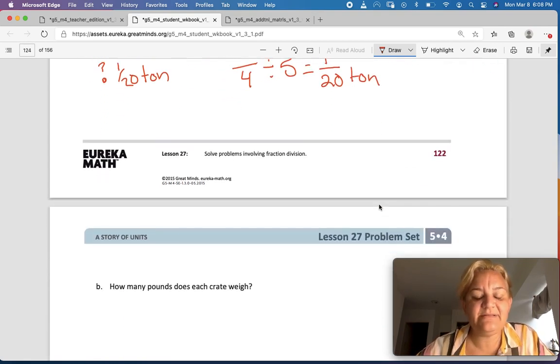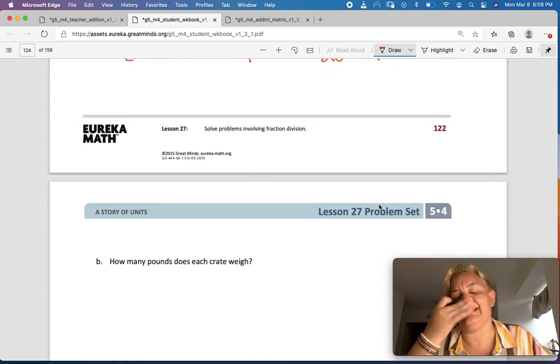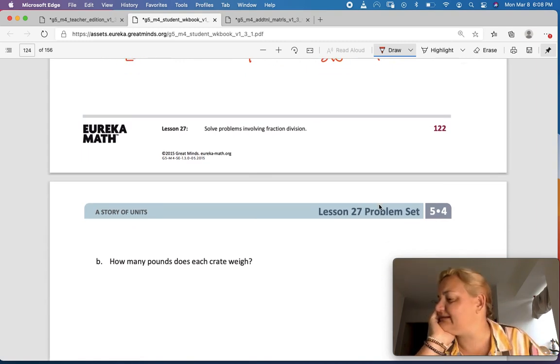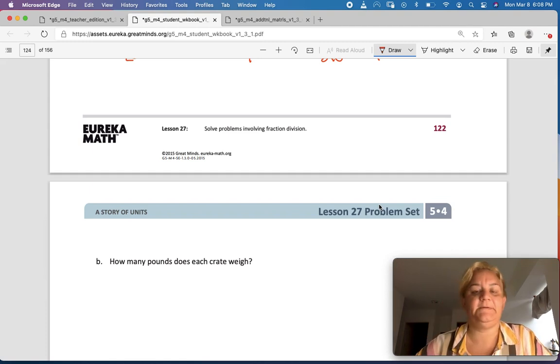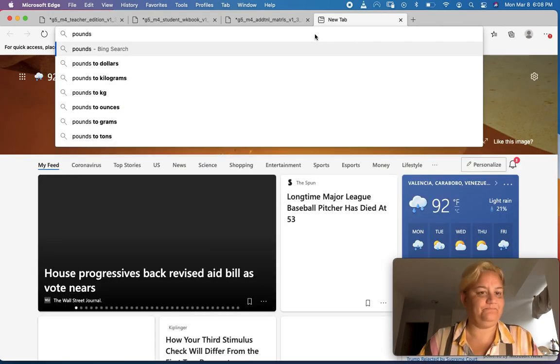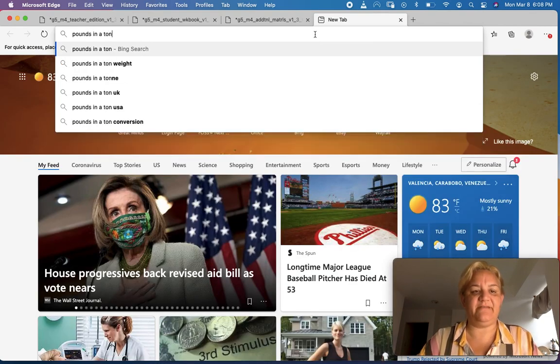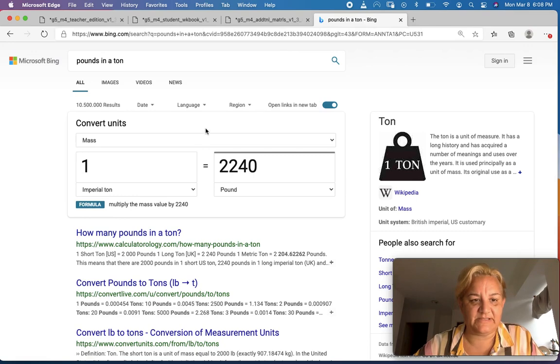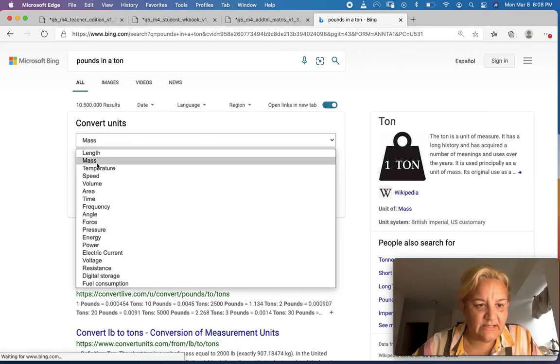How many pounds does each crate weigh? Okay, let's see. How many pounds are in a ton? Do you guys remember? I think it's 9,000 pounds in a ton. Let's try it. Pounds in a ton. This is why I never expect you to memorize conversions.